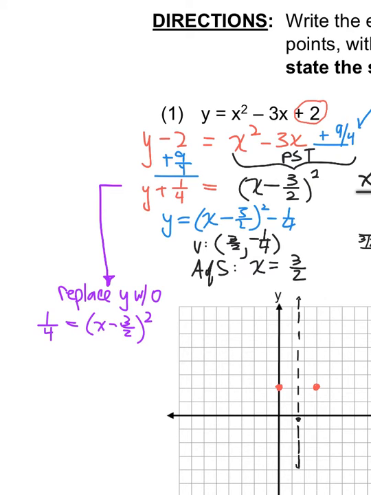All right, we replace the y with 0 because a y value of 0 gives us a point on the x-axis. All right, x-axis is also the line y equals 0.